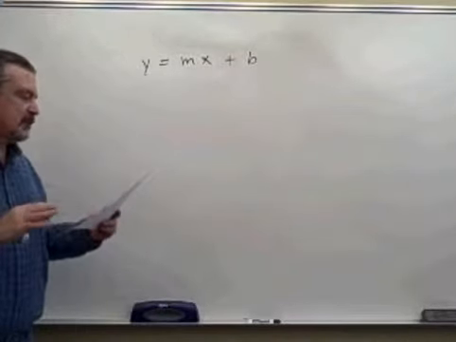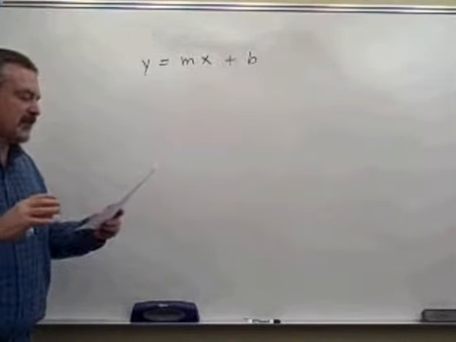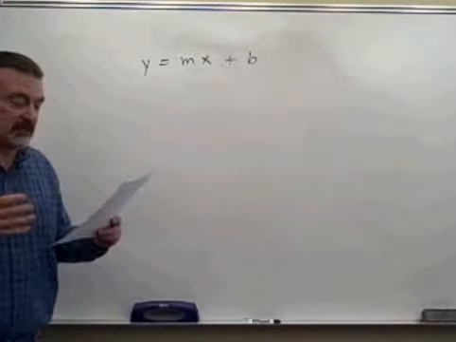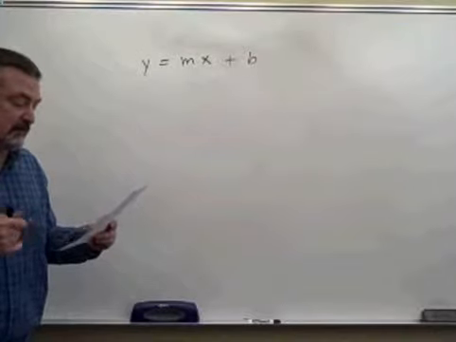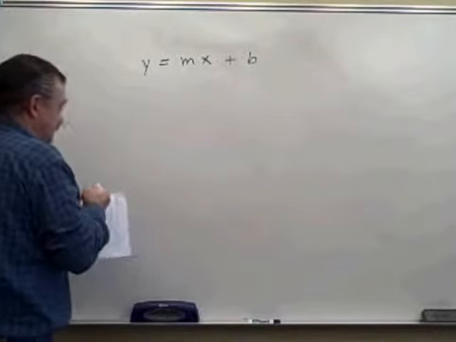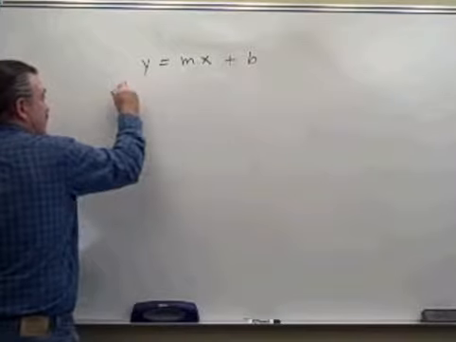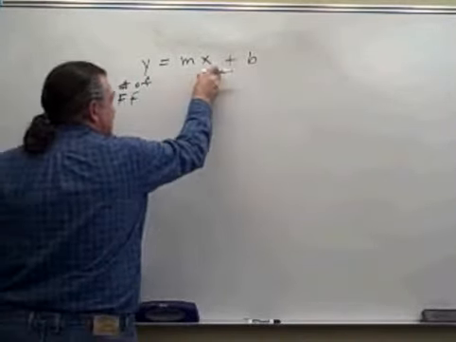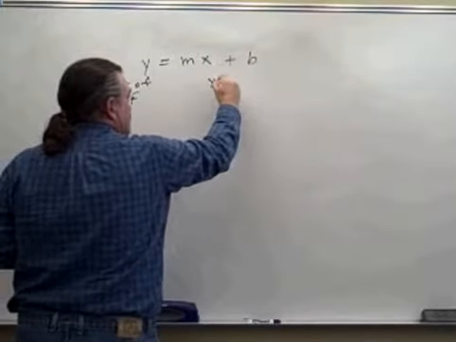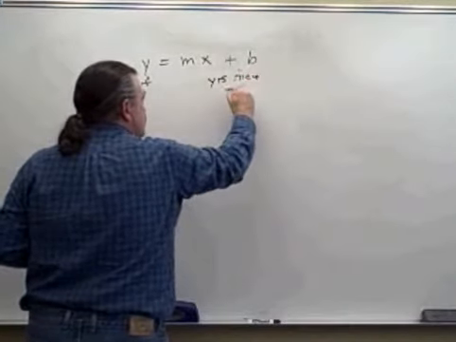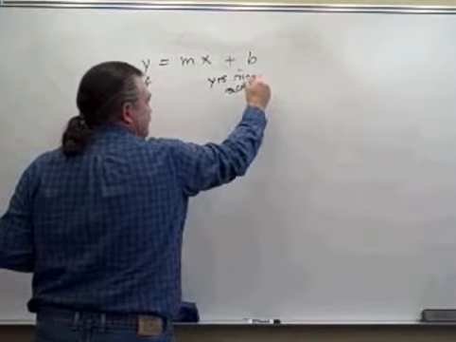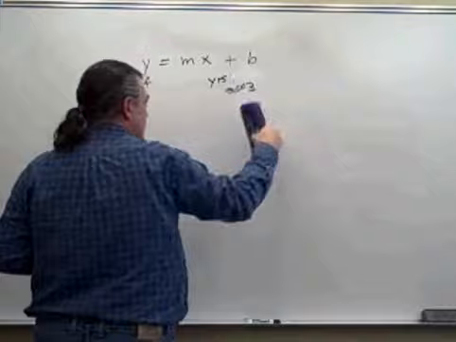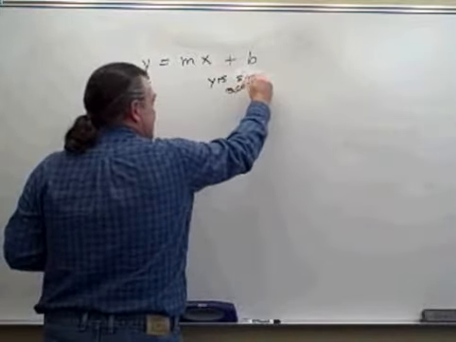Assume this is a linear trend and find the linear function that describes the number of fly fishermen as a function of years since 2003. So y is going to represent the number of fly fishermen, and x is going to represent the years since 2003. S-I-N-C-E.